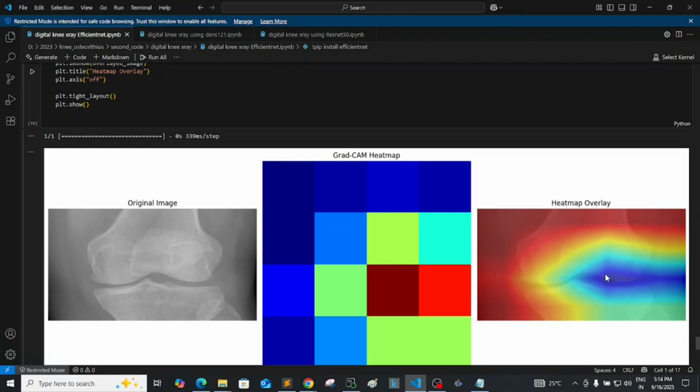So if I want to say this particular X-ray scan says the condition is knee osteoarthritis mild, then my model says in explainable AI this particular gap is the most important area, so you need to concentrate on this part. So it is also predicting based on this gap.